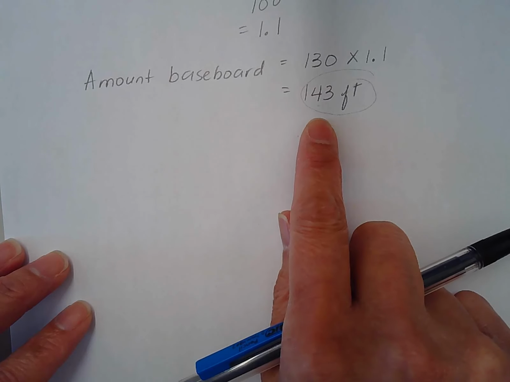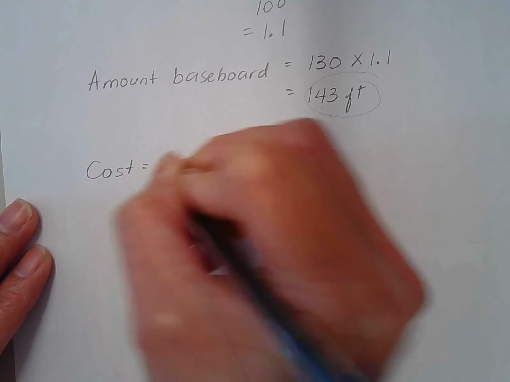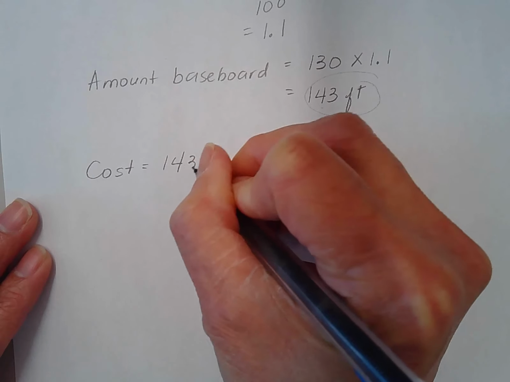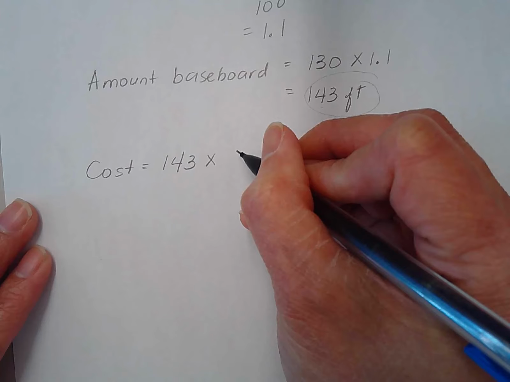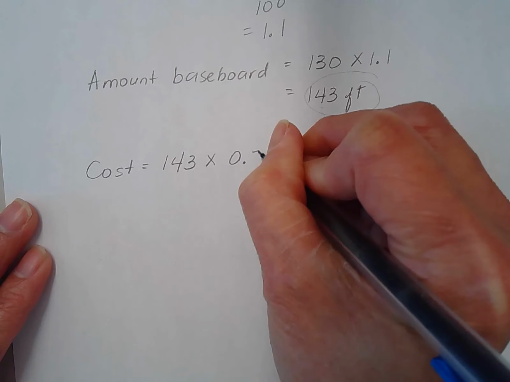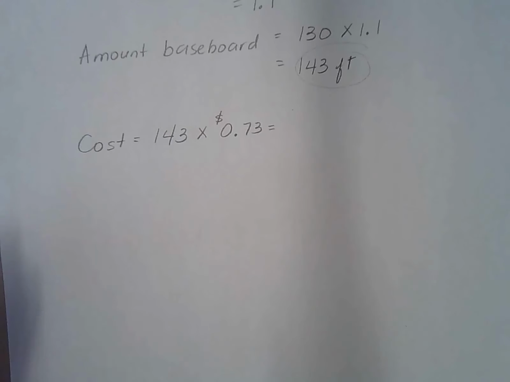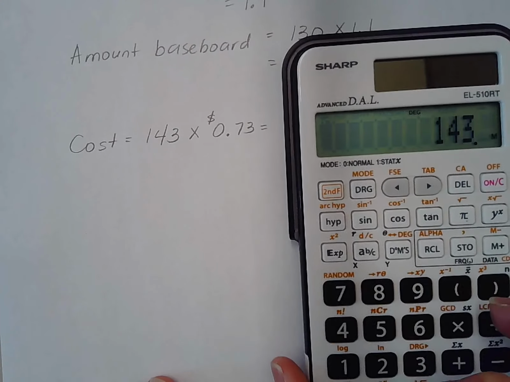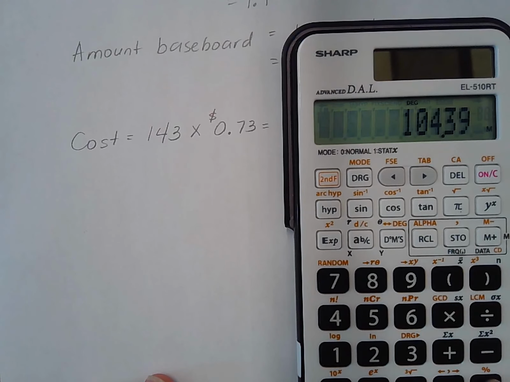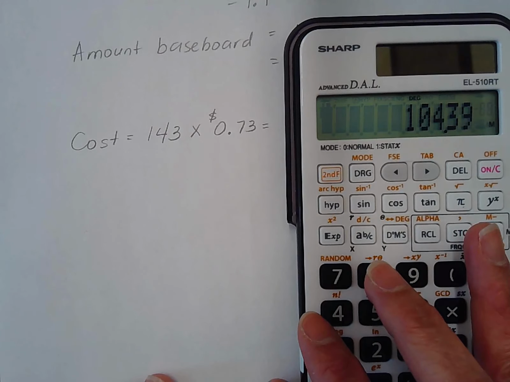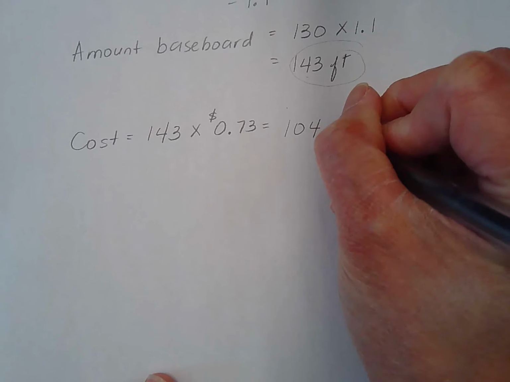So how much would it cost for that? Now we're getting to the cost. So 143 times how much is it? 73 cents. So 143 times 73 cents, or 0.73, is going to get us $104.39.